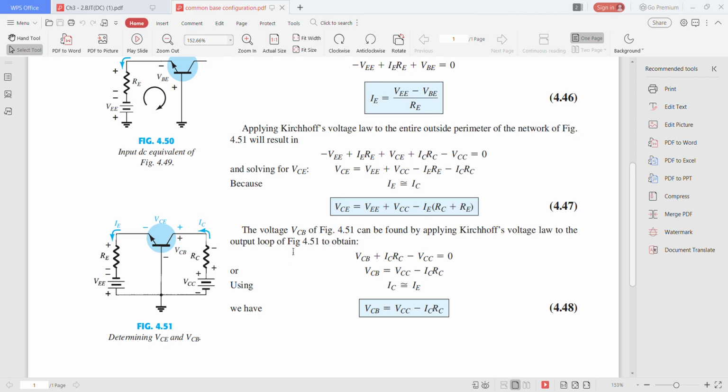The voltage VCB is the voltage from collector to base of figure 4.51, and it can be found by applying Kirchhoff voltage law to the output loop of figure 4.51.